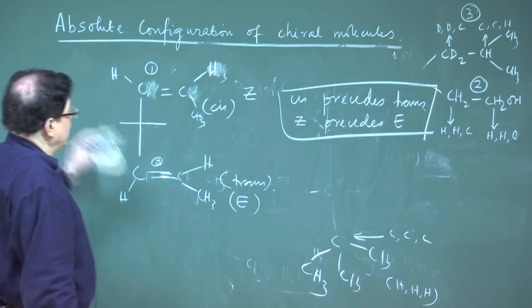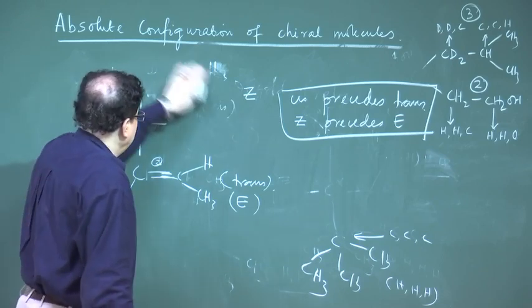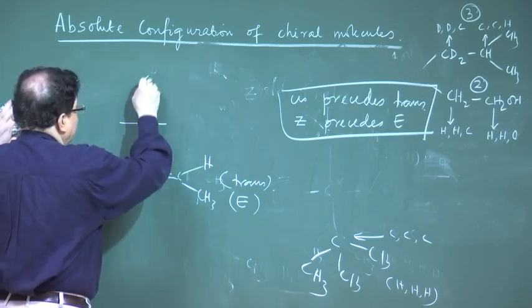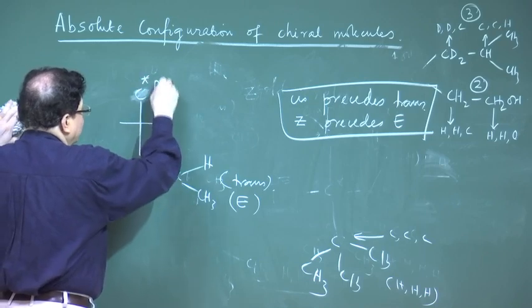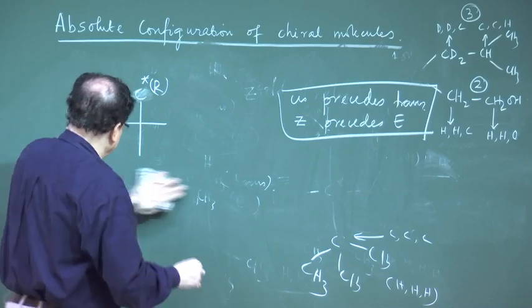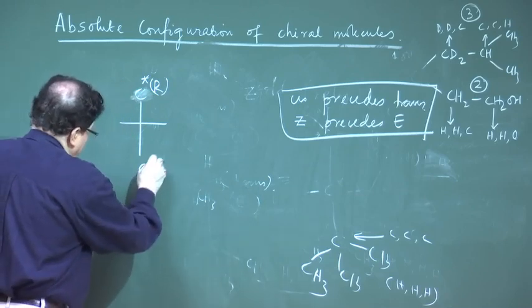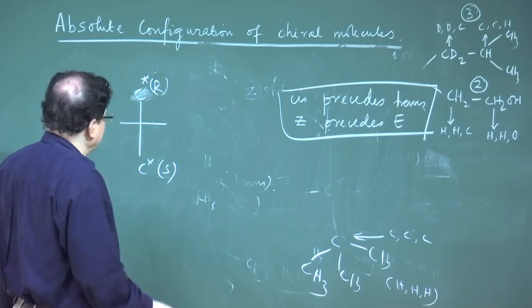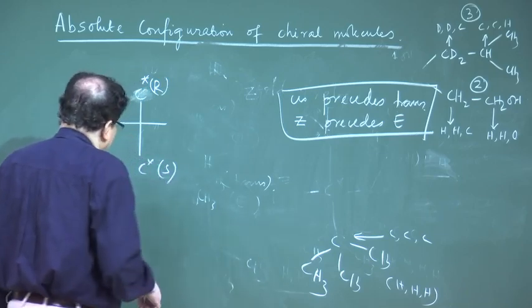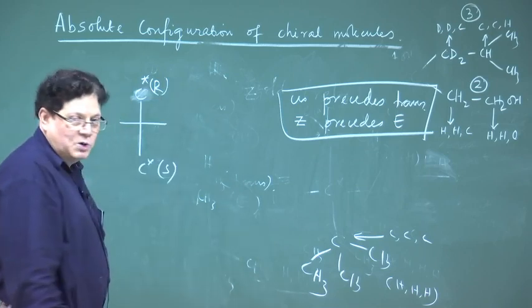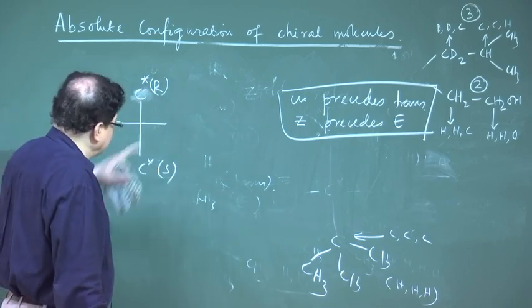On the same token, if you have groups which are chiral here, a carbon which is chiral and which has R configuration suppose, and on this ligand you have the same group, but in the S configuration. If that be the case, then see, atomic number, atomic weight, nothing can distinguish between these groups, only the absolute configurations are different.